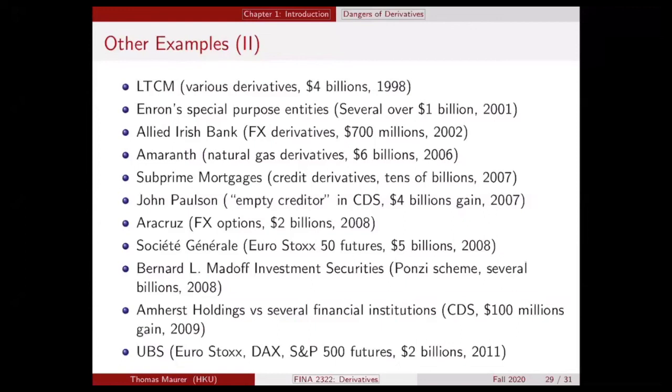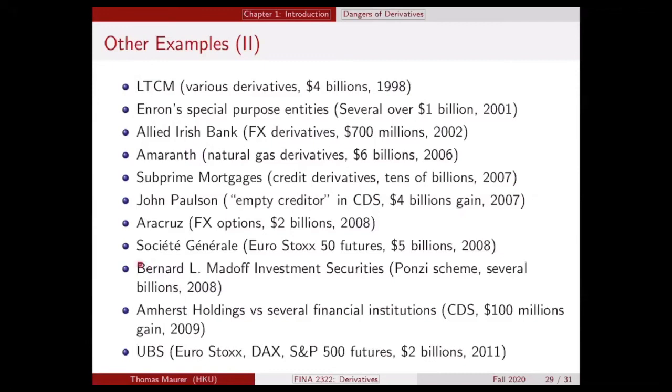So in this case, the trader was able to take very big positions without the back office knowing, and unfortunately, that trader got unlucky and incurred very big losses. In the case of UBS, the trader actually had to go to jail for a few years. So that's kind of comparable to what happened to Nick Leeson.